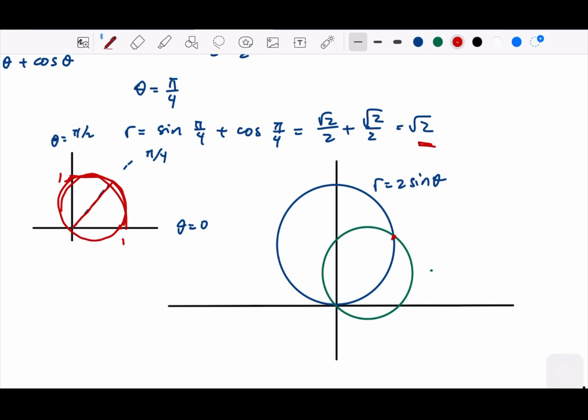If you take a look, so this is one, this should be a little bit to the left. Maybe draw a little bit to the left. Okay.